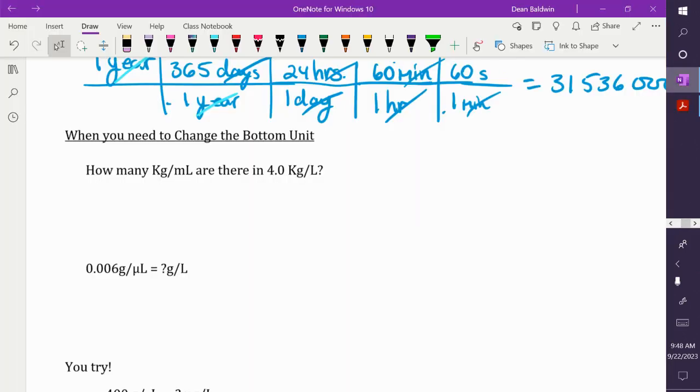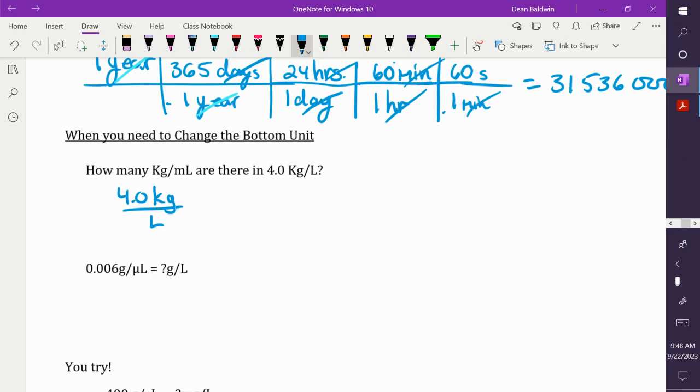All right. We start with 4.0 kilograms per liter. Which one am I trying to change? That's kilograms, that's kilograms. So I'm not changing the kilograms, I need to change the milliliters into liters.